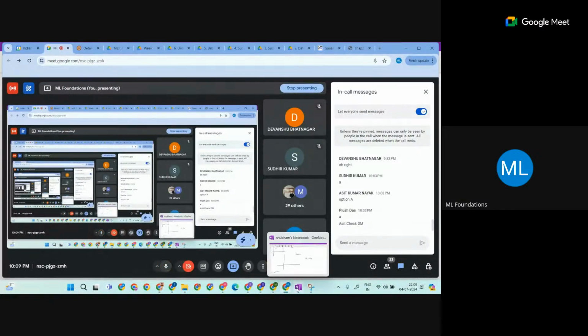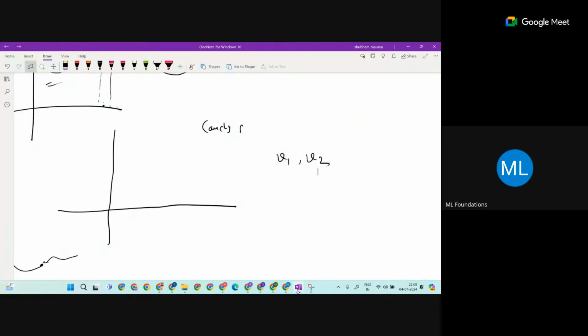Okay. So suppose you have two vectors v1 and v2. If you have two vectors and suppose I am taking the dot product of these two. Generally it is denoted like this also. Sometimes it is like this, maybe with just a comma. Maybe the dot product is like this also, maybe v1 transpose v2 also.